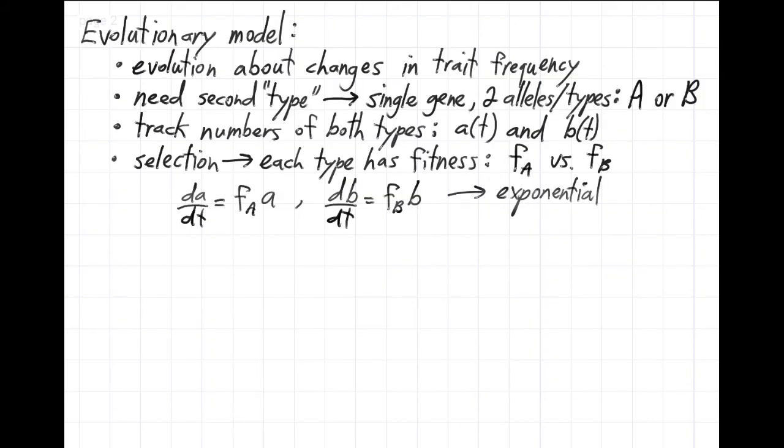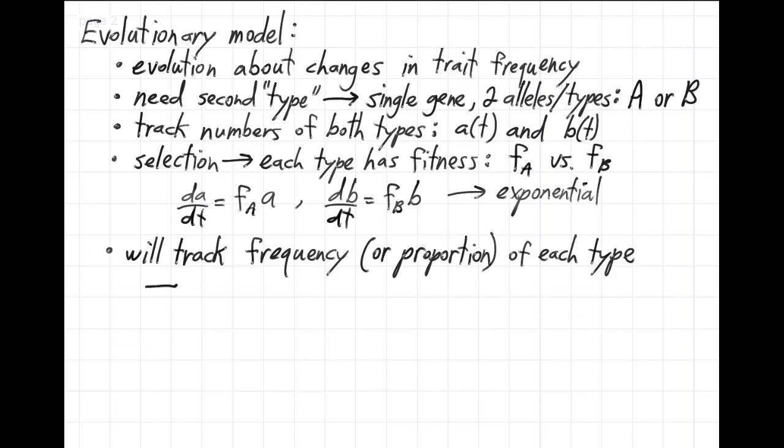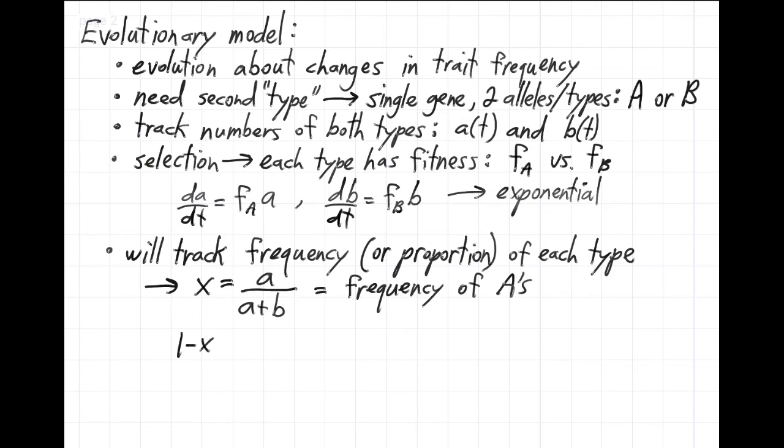What's important to us is not the population sizes themselves, but the frequencies of these types. And for frequency, I just mean the proportion of the population that is of each type. So for frequency, we could look at X, which is the number of A's divided by the total population size, or the remainder, which just has to be the number of B's divided by the total population size.